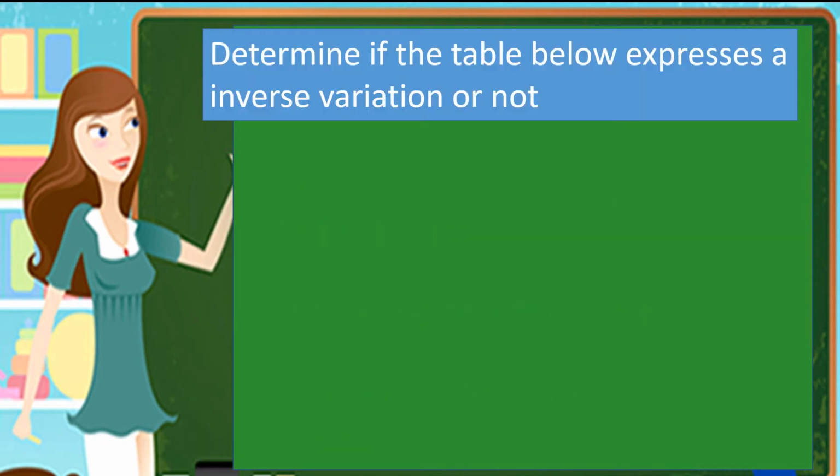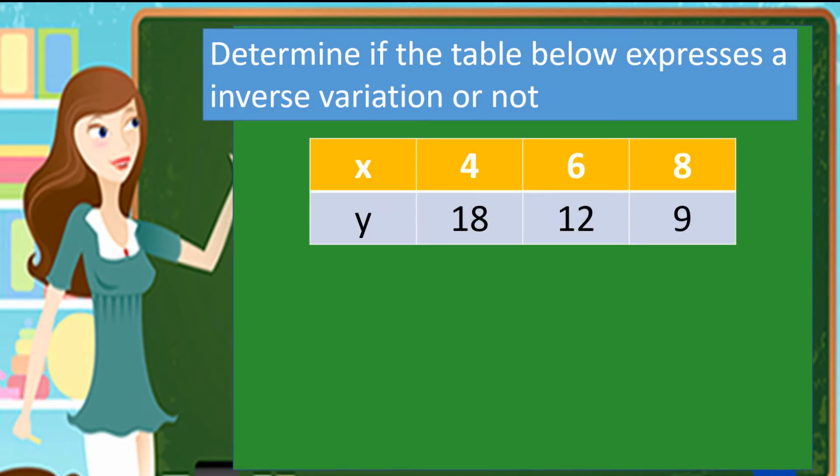Okay, let us determine if the table below expresses inverse variation or not. So here is the given table where x is equal to 4, 6, and 8, and y is equal to 18, 12, and 9.